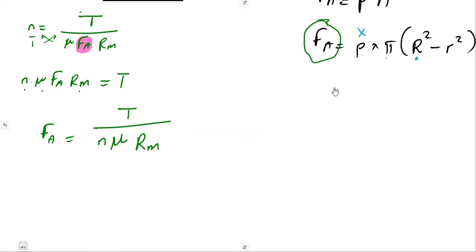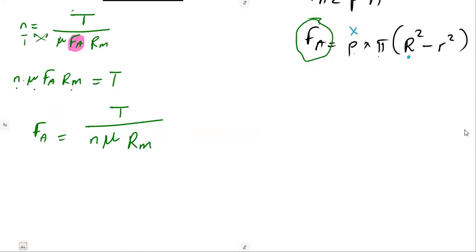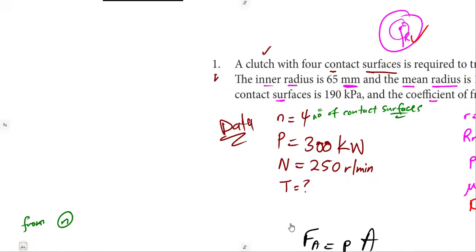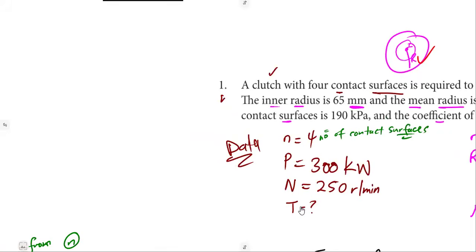Into this formula again, we can see that we do not have T. We are given Rm and everything else, but we do not have T. That is what I was talking about here: they cannot just give us the power and the speed and not expect us to find the torque. If you are under exam, once you see this, calculate the torque from the given information.